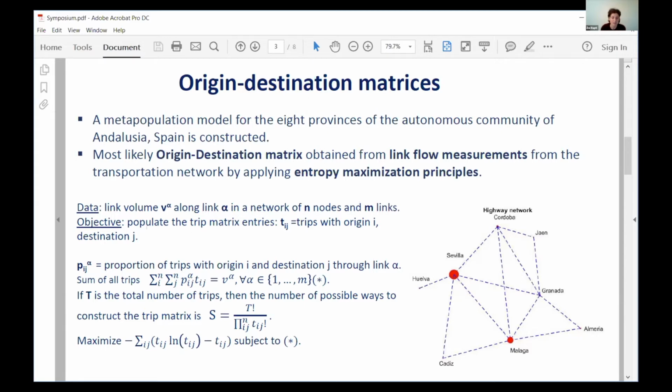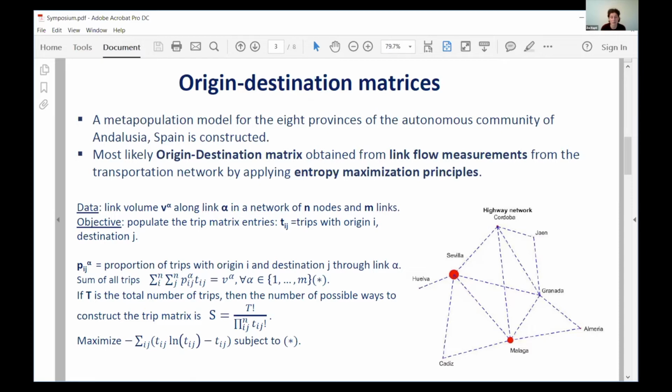The objective now is to populate the trip matrix entries that tell us how many trips start at origin I and end at destination J. So we need to find the proportion of trips with origin I and destination J that go through link A. As an example, you can go from Seville to Cordoba directly, or if for some reason you have to go through Granada and then Cordoba.